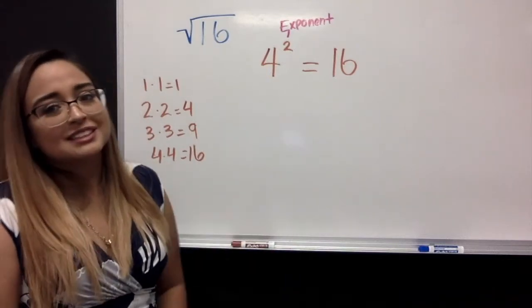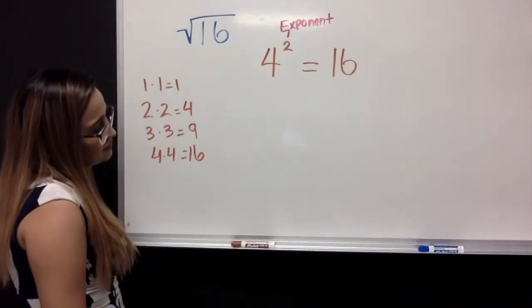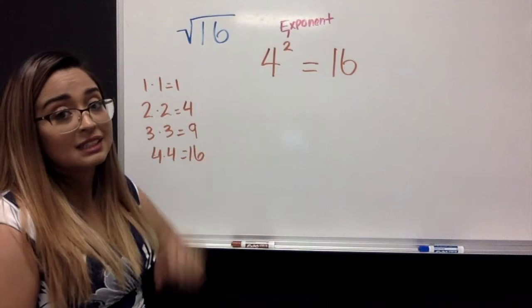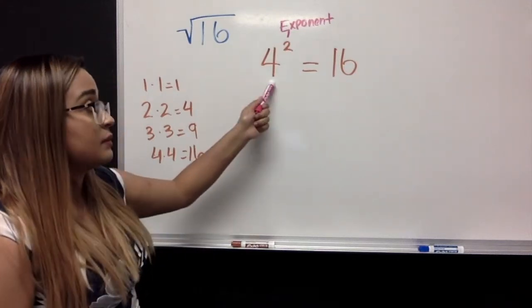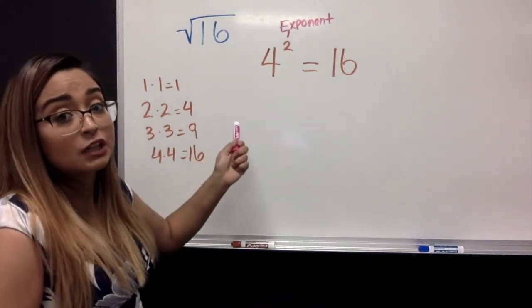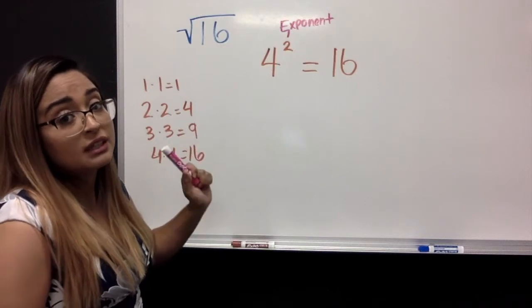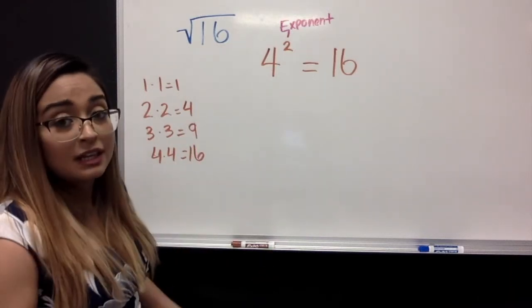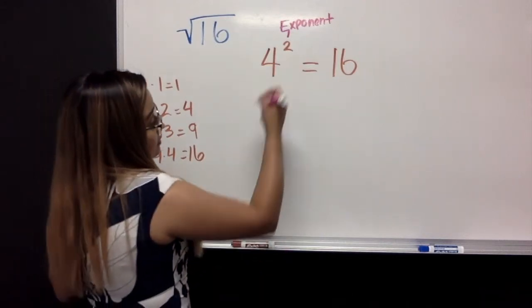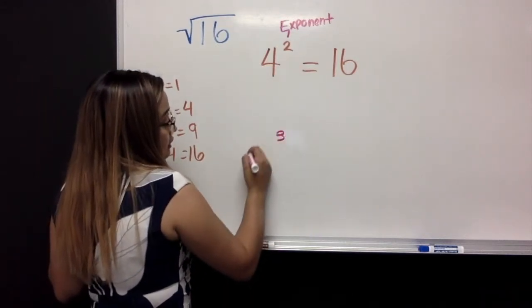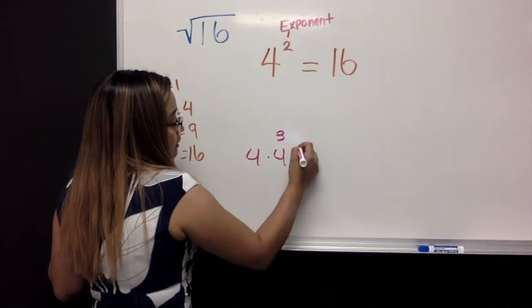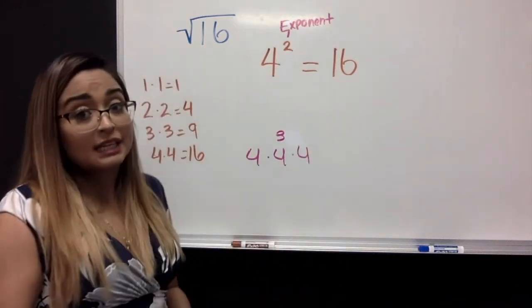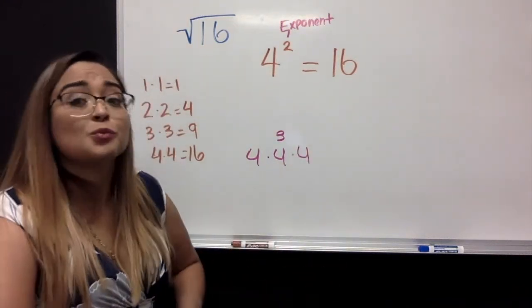Just introducing it to you. What this number does is, for example, it's after a 4, so it tells me that I'm going to multiply 4 times itself. So I have 2 4s. If that little number were a 3, I would multiply 4 3 times. But like I said, we'll learn more about it later on.